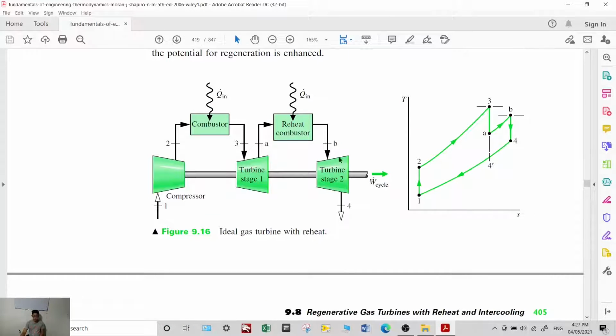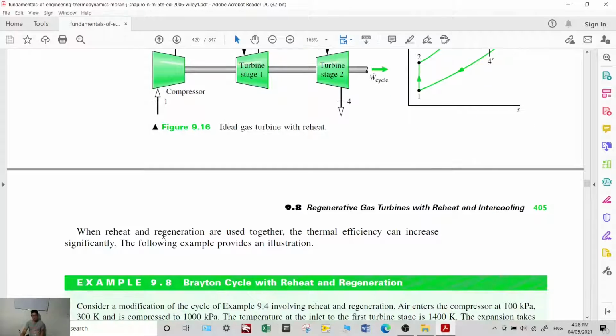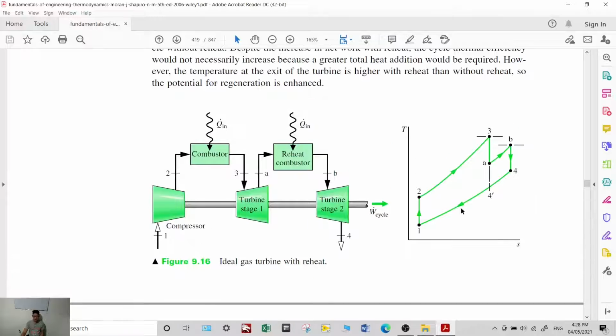But compared to single stage expansion, the temperature at 4 with the reheat is higher than at 4 prime. So there is a potential for regeneration. According to our reference, if reheat and regeneration are used together, the thermal efficiency can increase significantly.